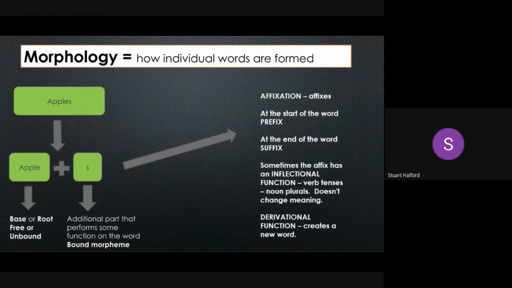So appoint means to appoint, to put something in place. But if we put the word dis in front of appoint, it creates a brand new word. It means to be let down. So that's what we call derivational morphology. And you can find plenty of examples of this.